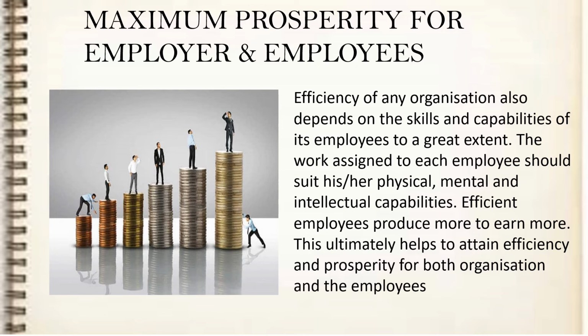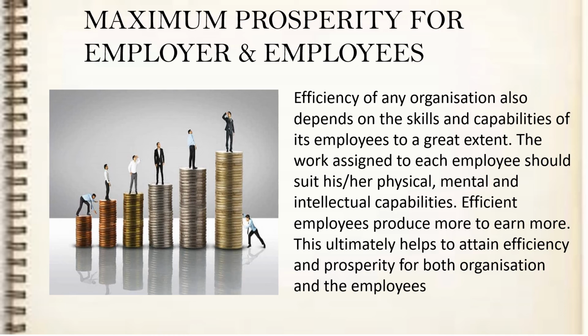And maximize prosperity for employer and employees. The aim of scientific management is to see maximum prosperity for employer and employees. This is possible only when there is opportunity for each worker to attain highest efficiency. Efficiency of any organization also depends on the skills and capabilities of its employees to a great extent.